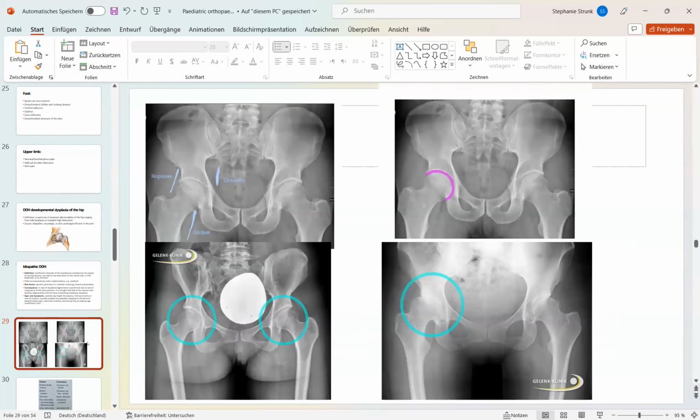So those are some X-ray pictures, which I copied from the internet. This is a pretty normal picture of the normal hip joint. And here you can see an adult where the acetabular roof does not cover the femoral head.